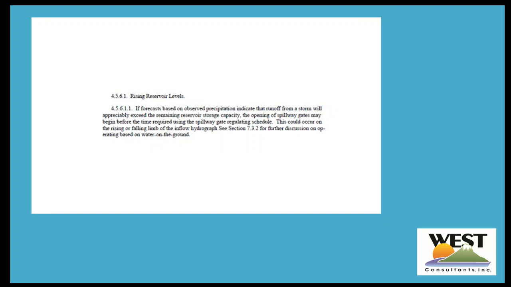However, if you just had a significant event occur in your controlled area and you have a lot of inflow coming into your reservoir and that storm appears to be moving into the uncontrolled area, it may be more advisable to wait to see what happens, because if you're able to fill in after the peak, then that can be a better result than trying to release early and possibly contributing to that downstream peak.